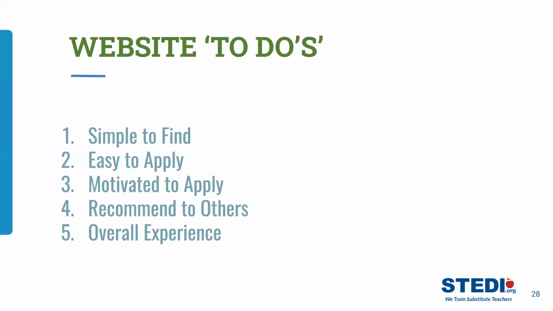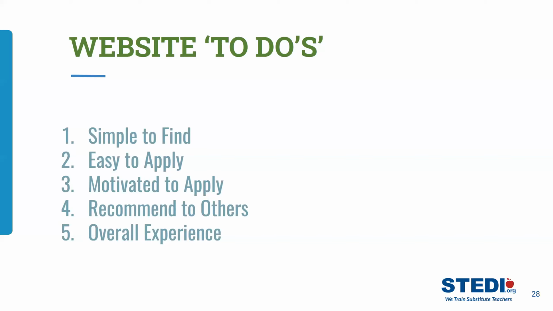And then the other one is motivate job applicants to apply for the job. And there's things you can do for that. I would say using video content to help with that. I would say explaining what the job is and what the experience is going to be like, giving the description of that job, giving the pay scale for that job, talking about benefits that they'll be getting by being a substitute with the district, talking about the experience other substitutes are having.